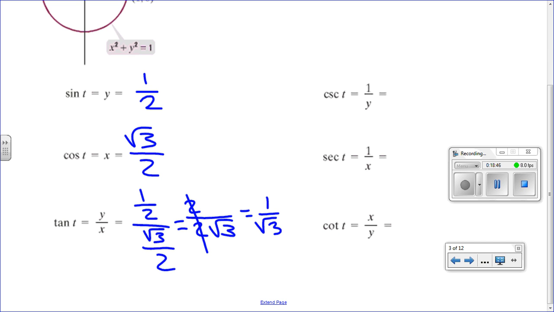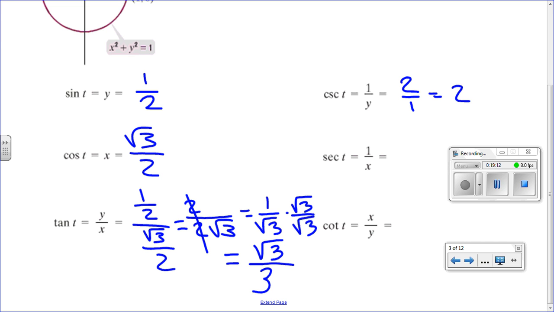And if we rationalize, we're going to end up with the square root of 3 over, what happens when you multiply a root by itself? 3. So it cancels the root. Okay, now let's find cosecant. So as a reciprocal of sine, we need to flip the 1/2. So that's easy, right? What is it? 2. Just 2. 2 over 1 or just 2.